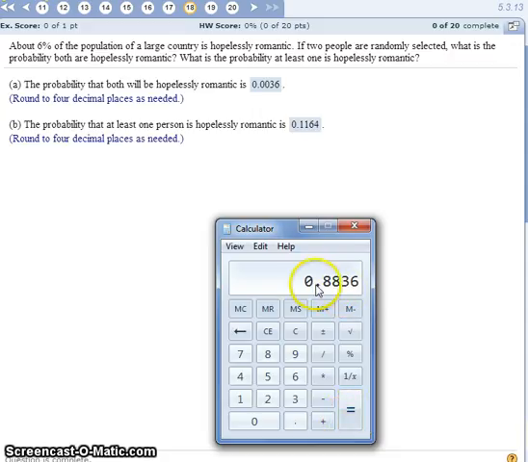So 88.36% of the time, both people will not be hopelessly romantic. So all the rest of the time, at least one of them will be. Either they both will, or the first person will, or the second person will. So here's the chances nobody is. If we do 1 minus 0.8836, we'll get the chances that at least one person is. So the complement rule there.